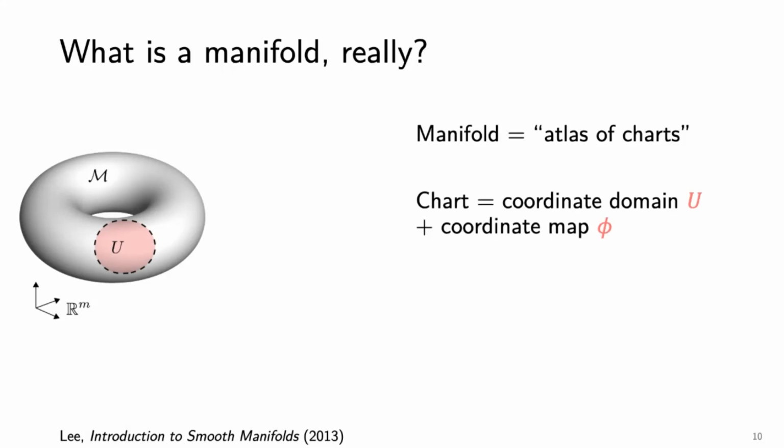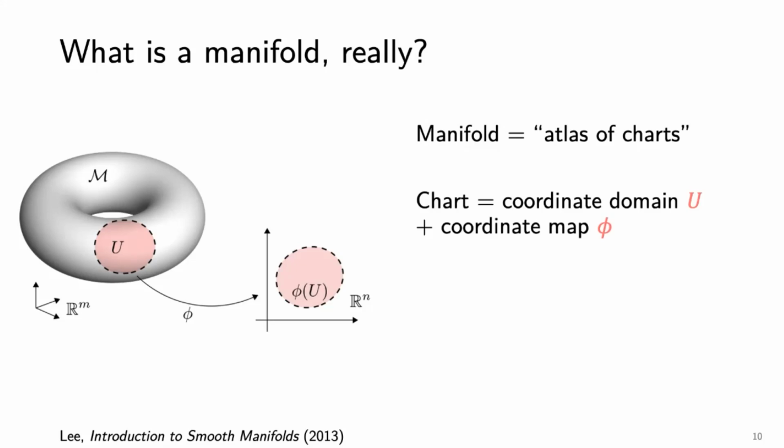So think of it as this red or pink piece of the manifold, as well as a continuous invertible map that takes us from the coordinate domain, from this pink piece of the manifold, to a subset of a Euclidean space of the same dimension. And what you can think of this map phi as doing is taking a piece of the manifold and just flattening it out.